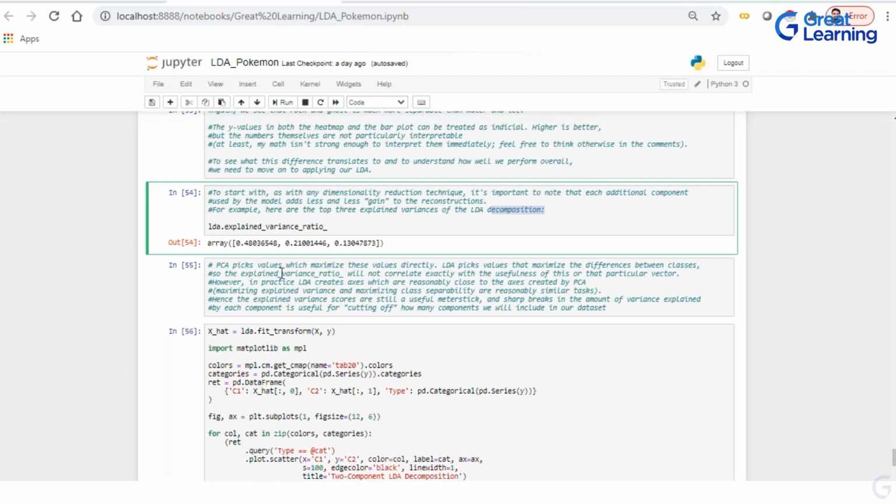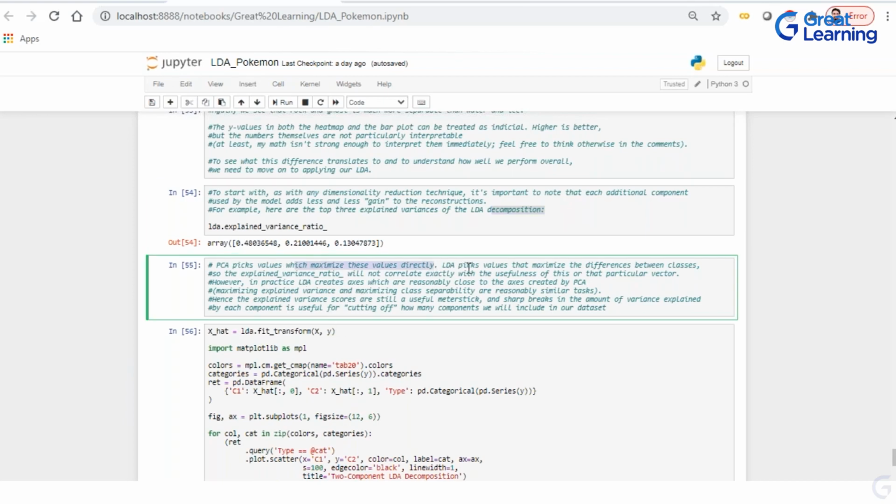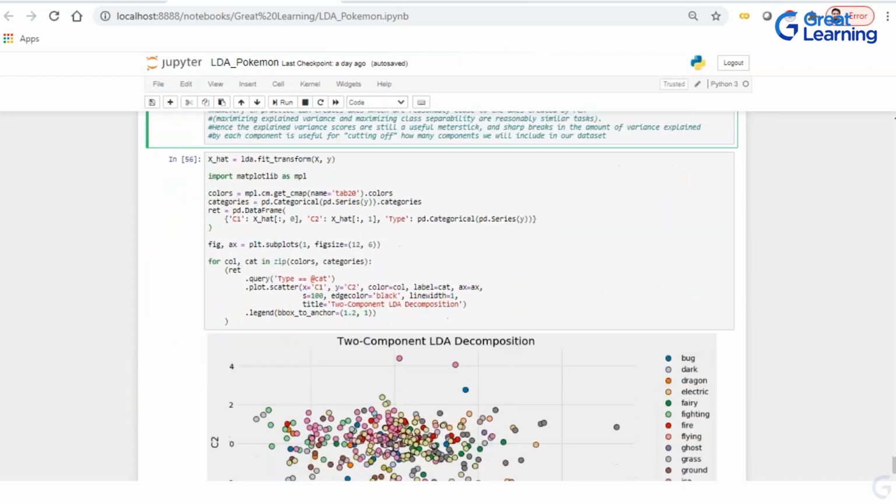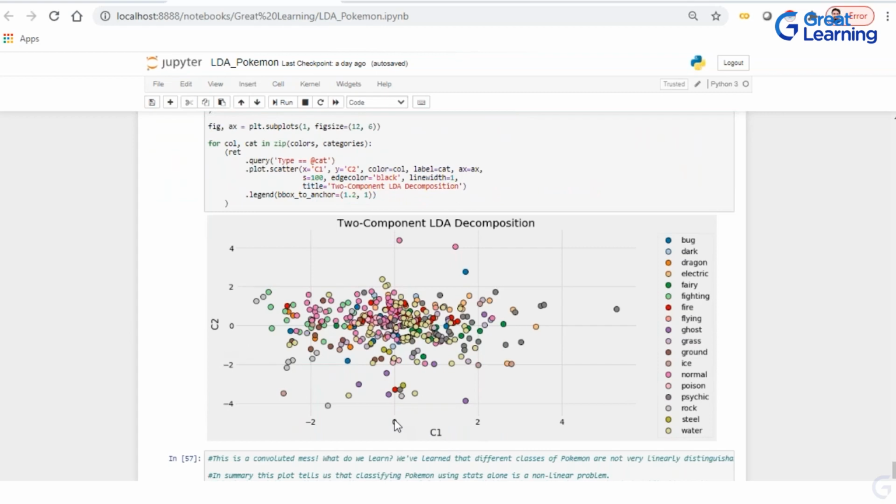Now, PCA tries to maximize these values. LDA maximizes the difference between the classes. In simple words, as I mentioned, we look at the average value and try to see how much they vary with all the different values within that class, and of course across the other class, and it tries to maximize the distance between different classes and minimize it within the class. The idea is, if I look at those 2 classes, C1 and C2, my classes are not getting distinguished.